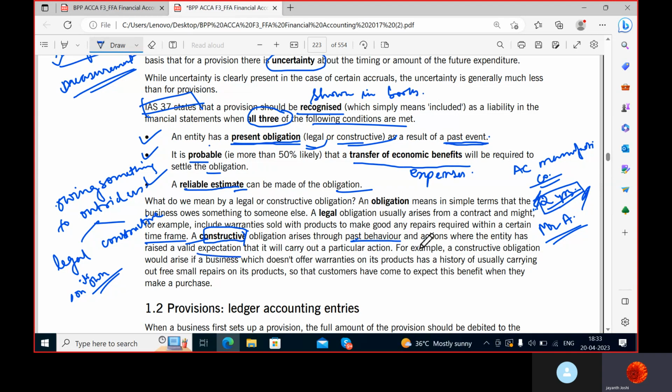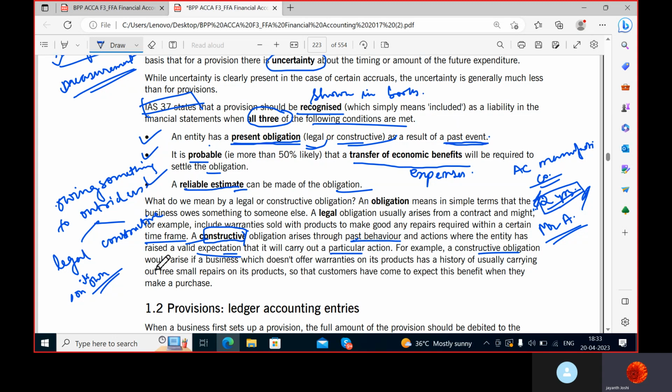Now through past behavior, sometimes it happens that there are certain kinds of companies, and one example is given here. Because of this, the expectation of the customer will increase that the company is going to do this for us, so it will carry out a particular action. That becomes a constructive obligation.